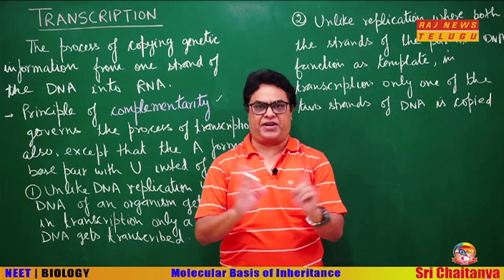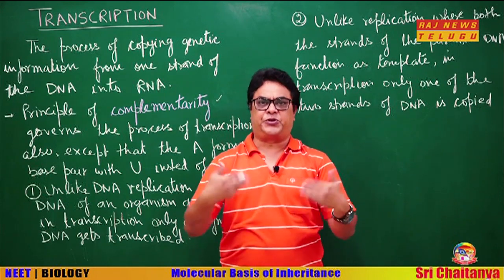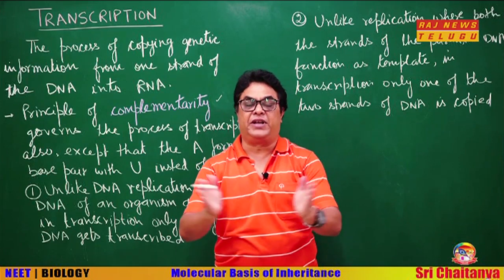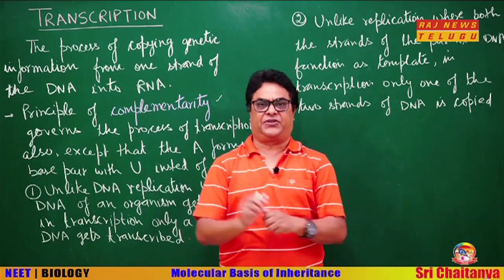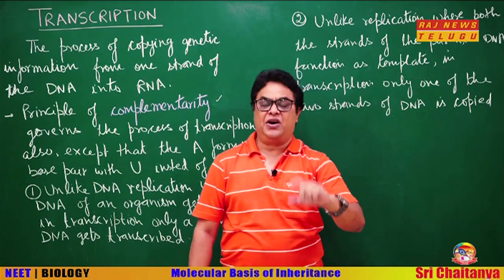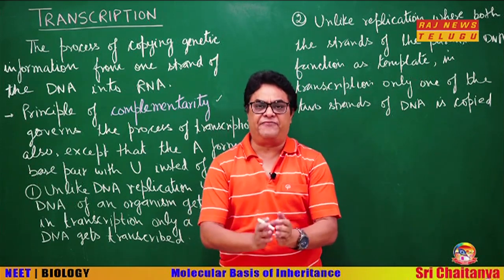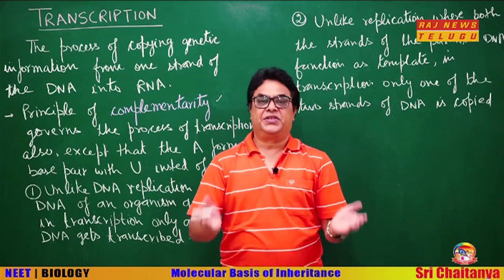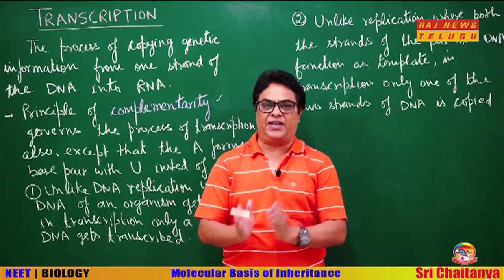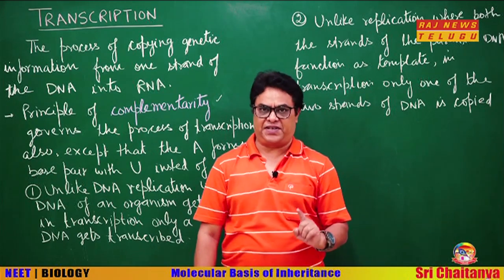It means if these two RNA go for translation, they will produce two different proteins with different sequences of amino acids. It means the same segment of DNA, or the same gene, coding for two different proteins. So, this will complicate and confuse the genetic information. To avoid this, only one of the two strands participates.